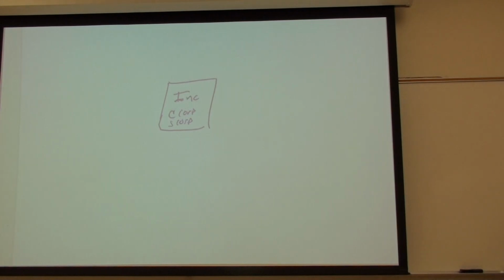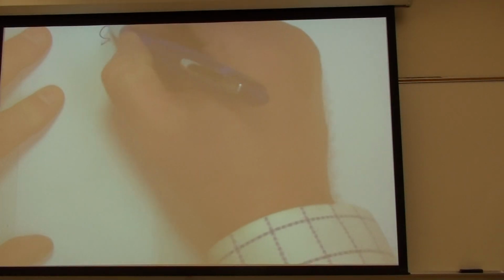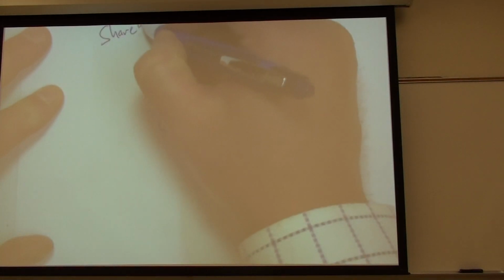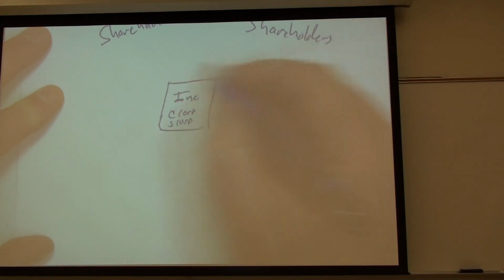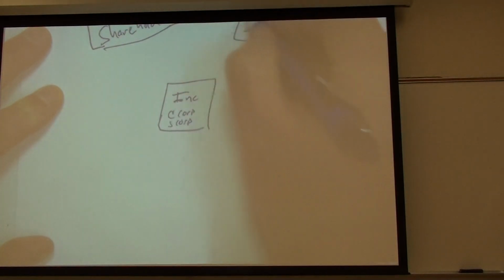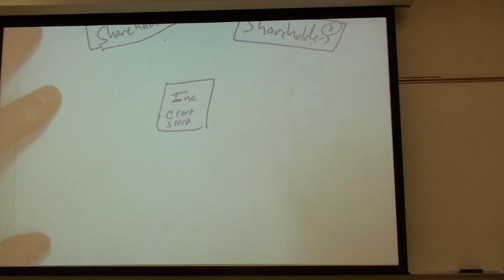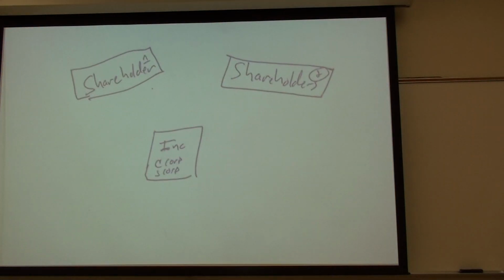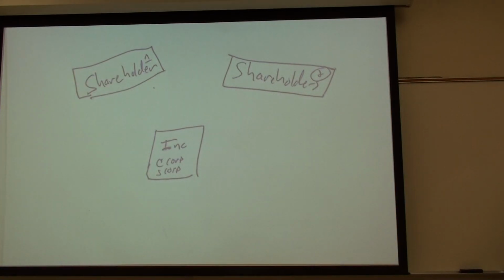So let's just say we have a corporation and we have two owners. So in a corporation, the owners are called shareholders. So we have shareholder 1 and shareholder 2, all right? In a partnership, the owners are called a partner, either a general partner or a limited partner.